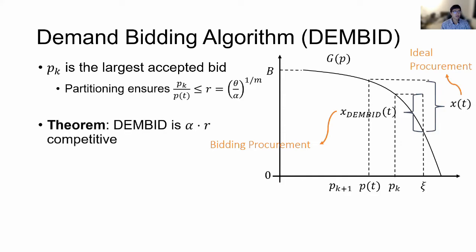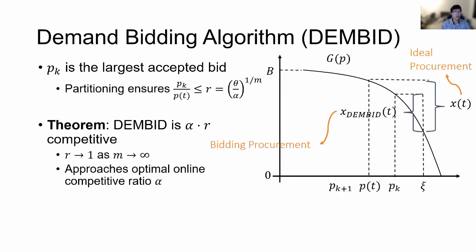In fact, we do prove that our algorithm is alpha times R competitive. This is notable because R approaches 1 as the number of bids increases, and the overall competitive ratio approaches the optimal online competitive ratio of alpha.